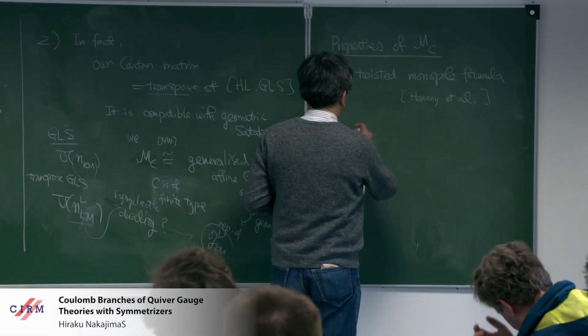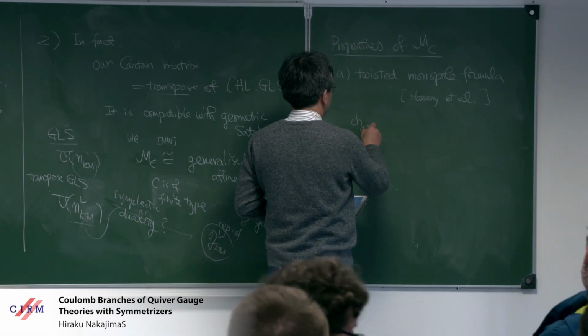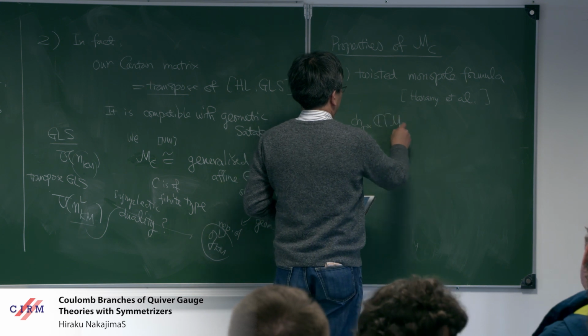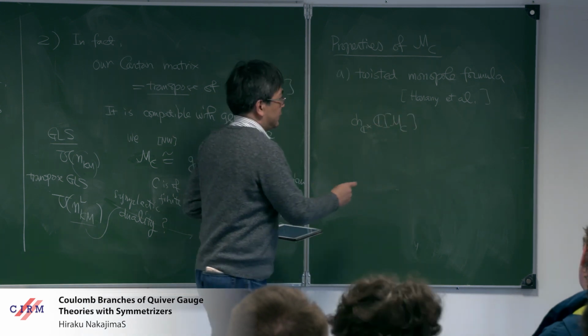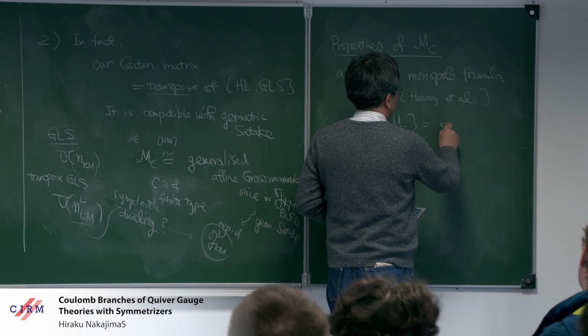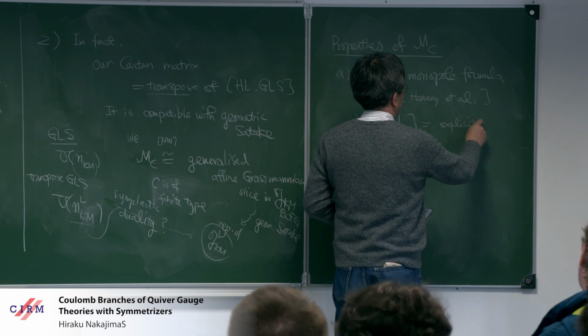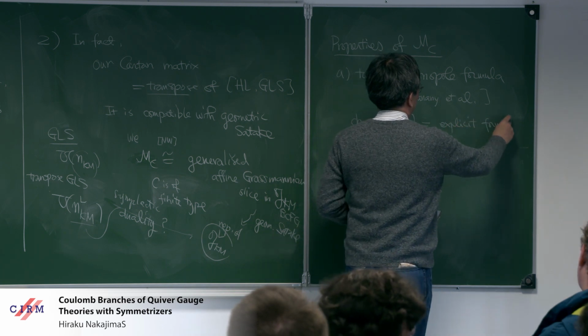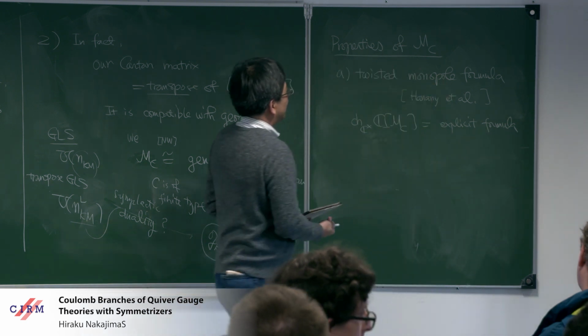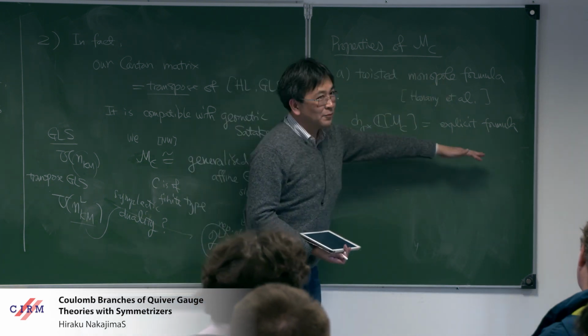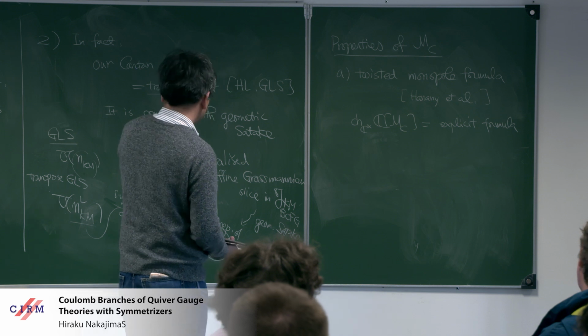They propose a formula for the character of this coordinate ring of the Coulomb branch. They wrote down some explicit formula. If you know the ordinary monopole formula, then this is a slight modification, as in our definition.